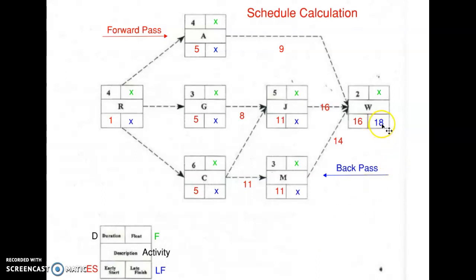So if I take my late finish and I subtract my duration, I will then get my next late finish. So 18 minus 2 is 16. And these are all going to be 16.